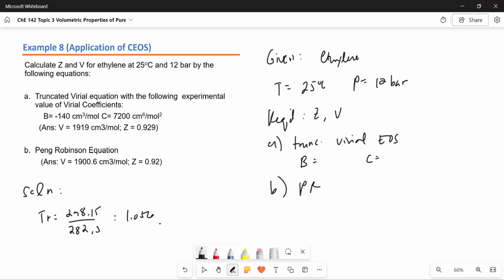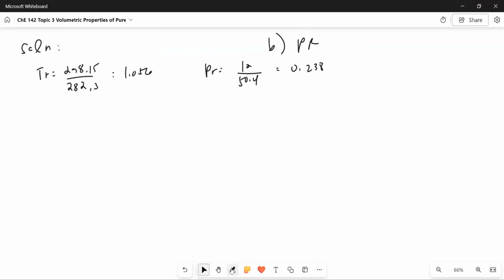For the pressure, the given value is 12 bars and the critical pressure from the appendix is 50.4, so the reduced pressure is 0.238. We'll be using this later on, but not for letter A. I just want to solve that first. So for letter A, which is the virial equation.